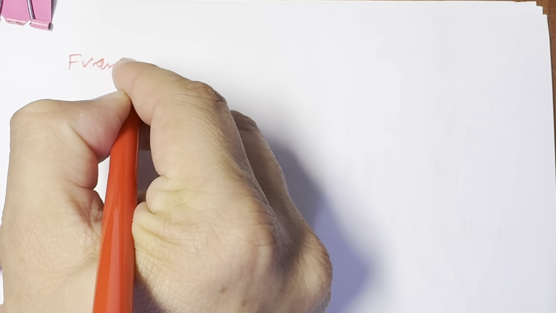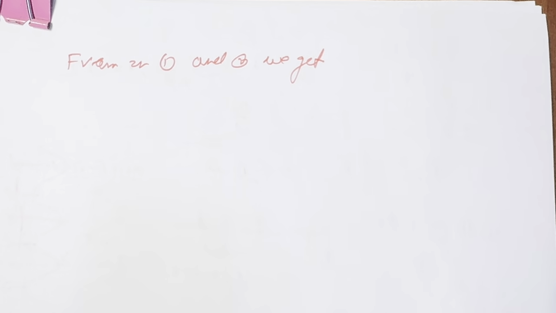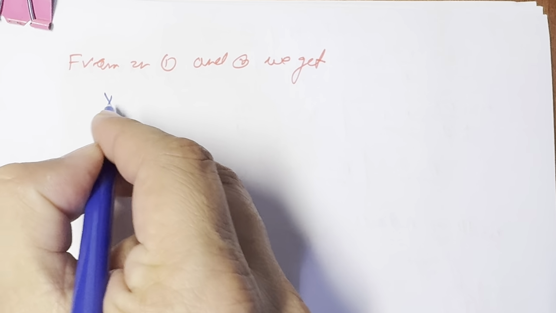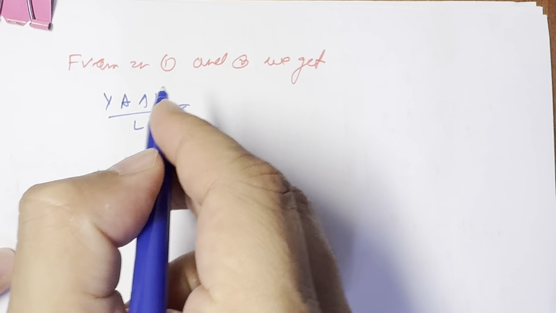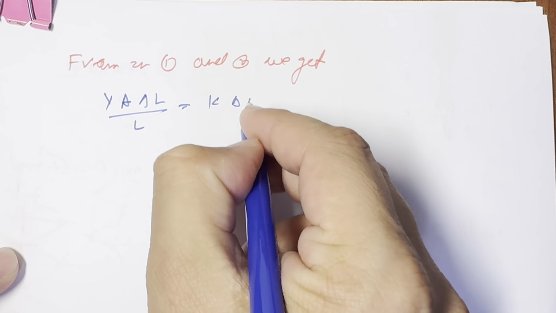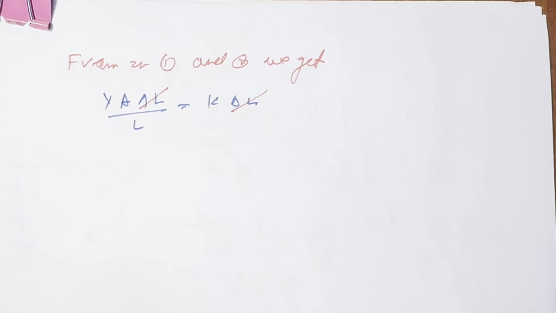So from equation 1 and 2 we get YA delta L upon L will be equal to K multiplied by delta L. Delta L cancels out.